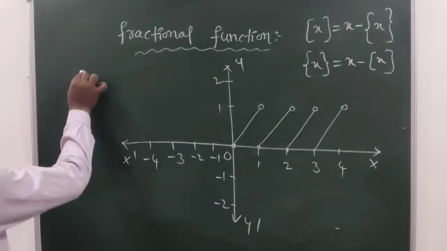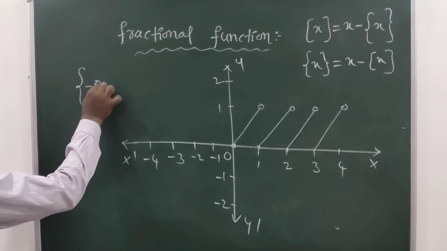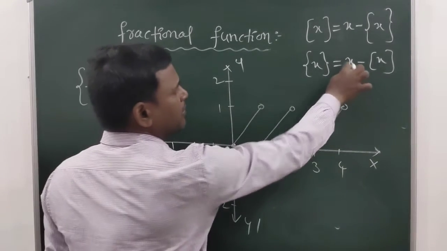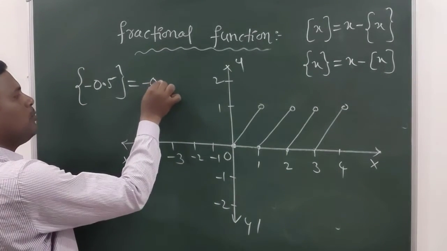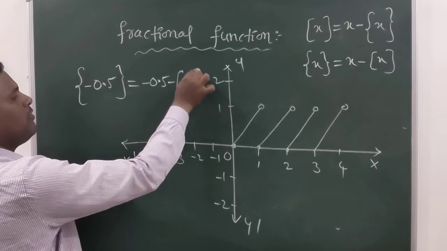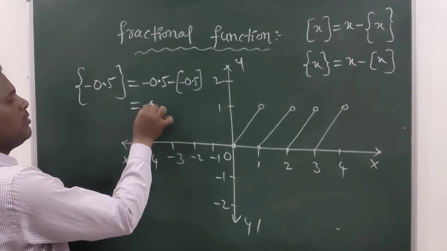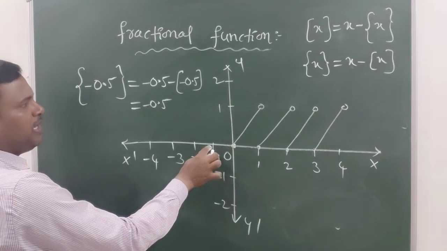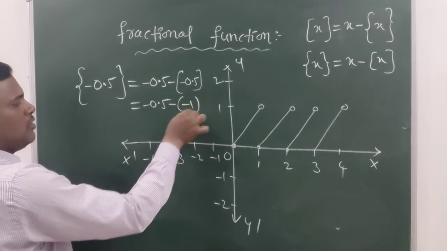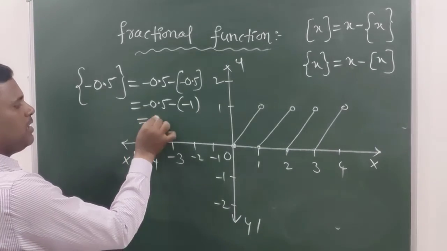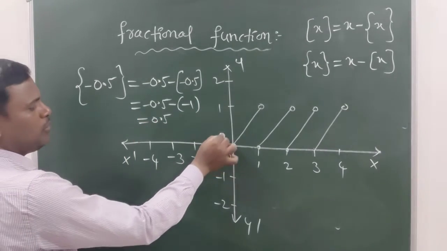So suppose you want minus 0.5, then what do you do? Substitute minus 0.5 here. Minus 0.5 minus greatest integer of minus 0.5. How much is this? Greatest integer of minus 0.5 is minus 1. So minus of minus becomes positive. 1 minus 0.5 becomes 0.5. Where do you get that? Here.